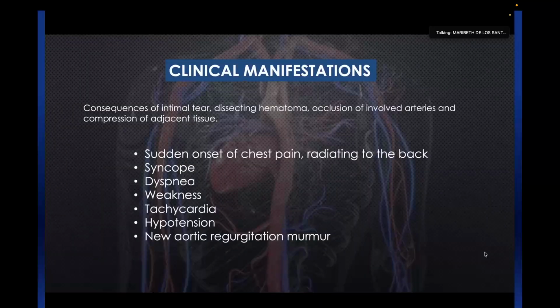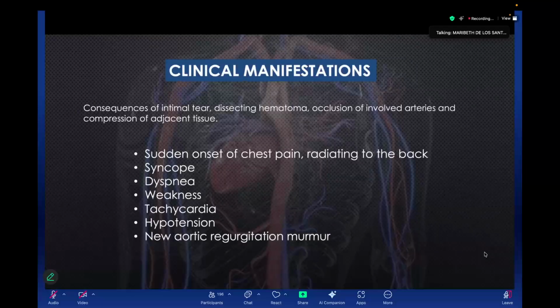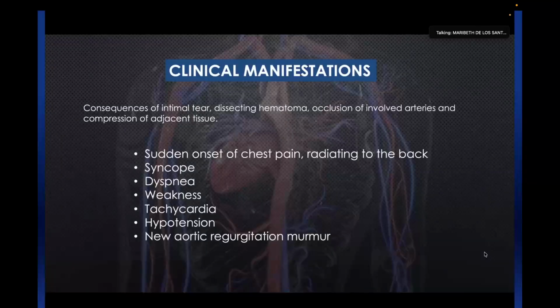The most common clinical signs include tachycardia, hypotension, new onset aortic regurgitation murmur, or signs of end organ hypoperfusion. This is due to the false lumen and true lumen, with the false lumen being more dominant.